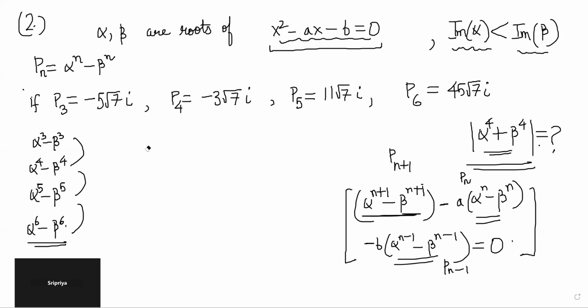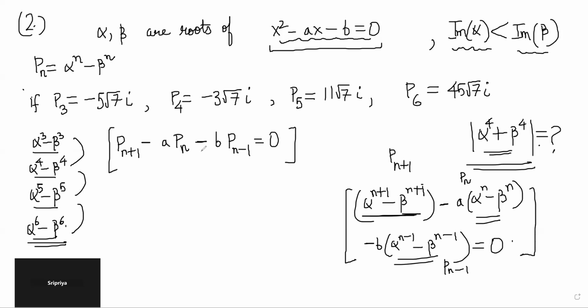Right. So what I'm saying is we are able to write Pn plus 1 minus A times Pn minus B times Pn minus 1 is 0. The reason we did this is because somehow you need to know a connection between these.